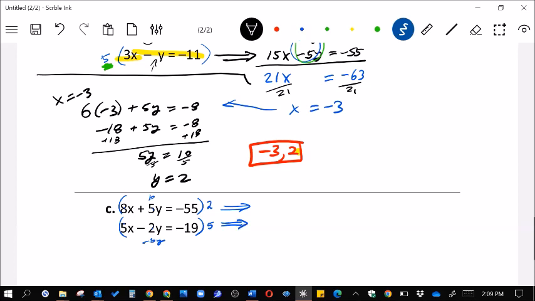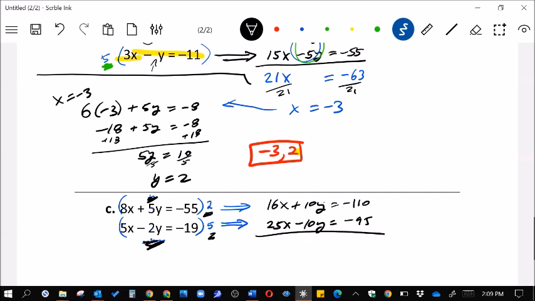The 2 on the top one makes it 16x plus 10y equals negative 110. The bottom one, 5 times each of those gives me 25x minus 10y is equal to negative 95.